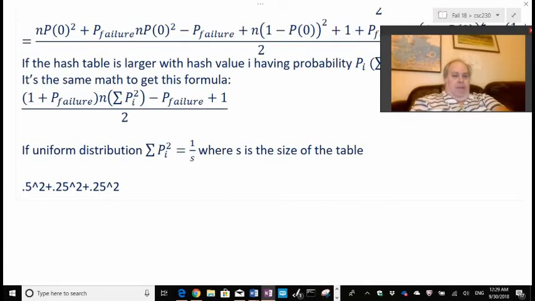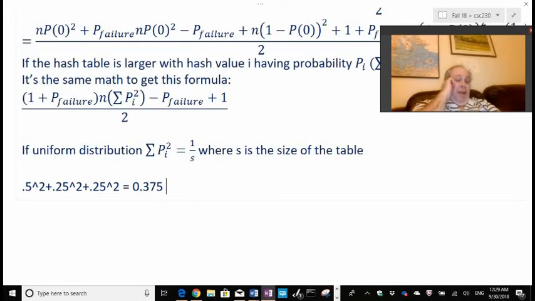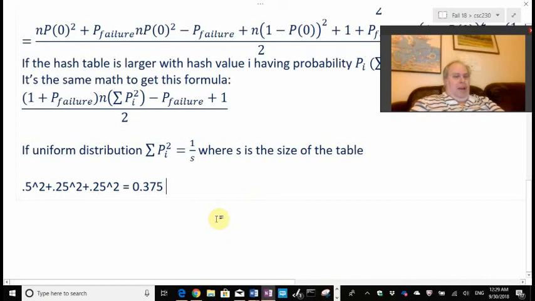But this gives us a little more than 1/3, but a lot like 1/3, 0.375. So we're off by about 0.042. Not a huge difference. You have to be really bad, okay?